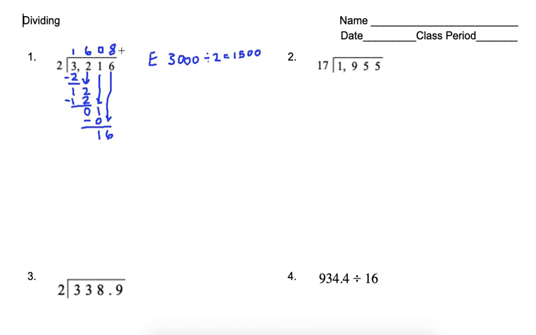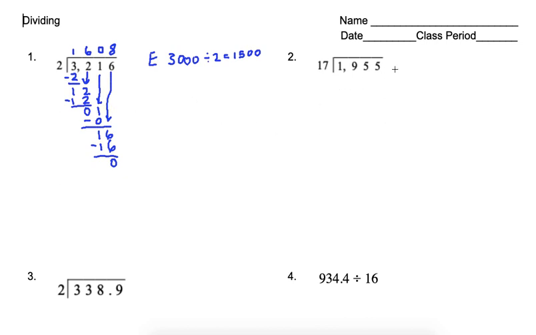So 2 times 8 is 16. Write that down. We end up with 0 there. Okay. So we end up with 1,608, which is fairly close to 1,500, which is what we said our estimate would be. So that is one way to kind of figure out this and see where you're at with these, okay?